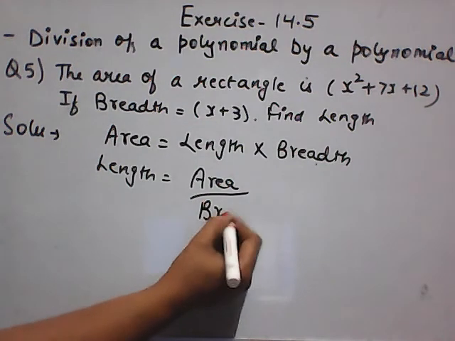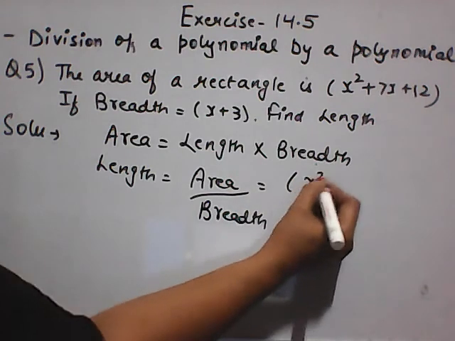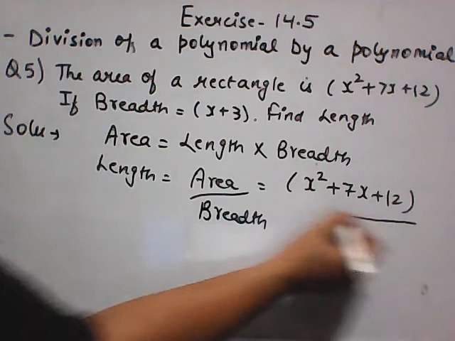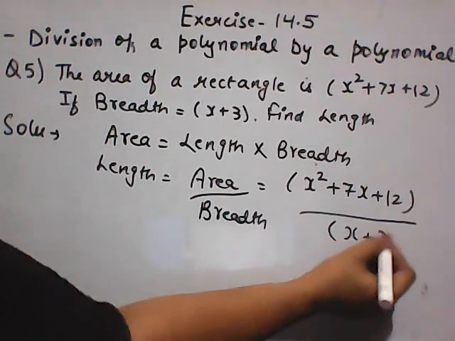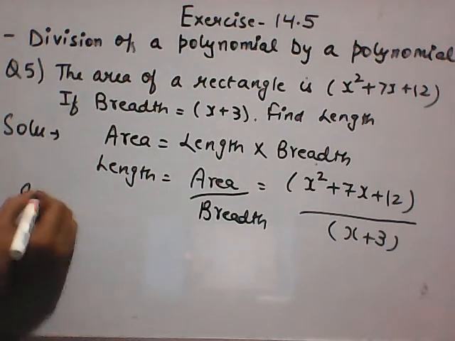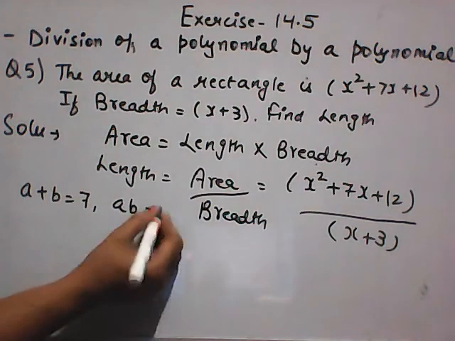Area divided by breadth. Now area is given to you, x square plus 7x plus 12. Breadth is given to you, x plus 3. In the numerator, this is a quadratic expression, x square plus 7x plus 12, so we can factorize it. You have to factorize in such a way that the sum of two constants should be equal to 7 and the product of these two constants should be equal to 12.